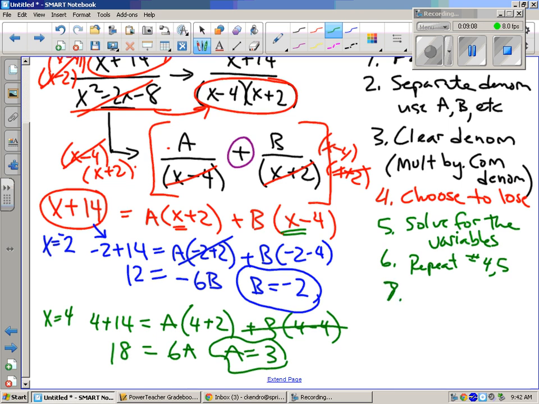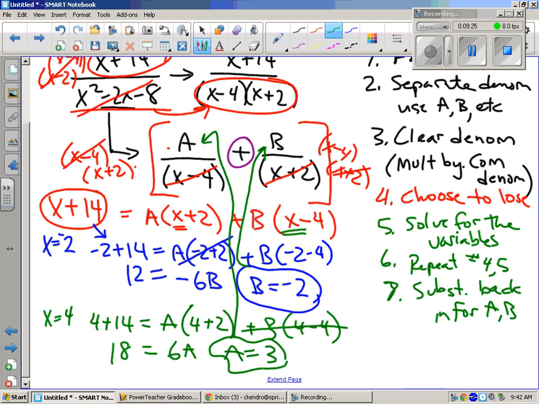And step 7, all we have left to do is to substitute back in for a and b, etc. So I'm going to take my two answers here, put b in right here, and put a in right here, and that will get me 3 over x minus 4, and then minus 2 over x plus 2. And that was what we started out with on the previous page. Okay, so those 7 steps there, you need to have handy when you do some of these problems. Alright, I got to show you one more to do.